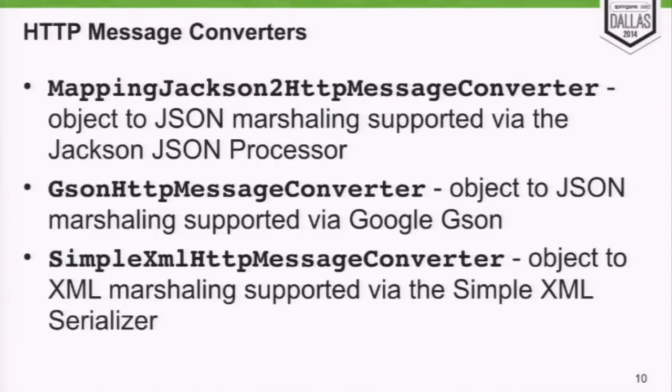And then on Spring for Android, this is just an example of something that's different. We don't have support for things like Spring OXM just because the underlying Android library doesn't support it. So there's another third-party library called Simple XML, and we've got a message converter for that. It allows you to do marshalling with XML just like you would with some of the complementary message converters on Spring Framework itself.